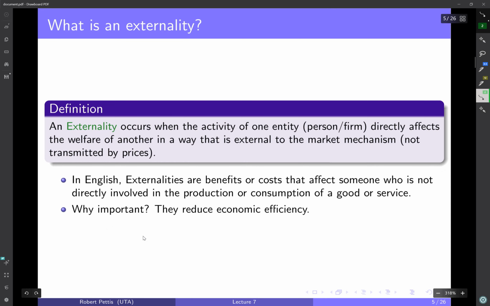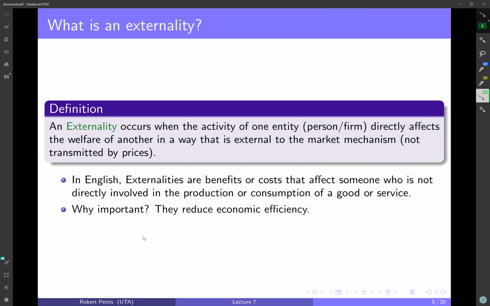All right, so exactly what is an externality? We've been talking about this for a couple of minutes, but we haven't really described what an externality is. So let's get into it. An externality is when, through production or consumption of a good or service, there's some sort of external benefit or cost that changes the welfare of someone else.